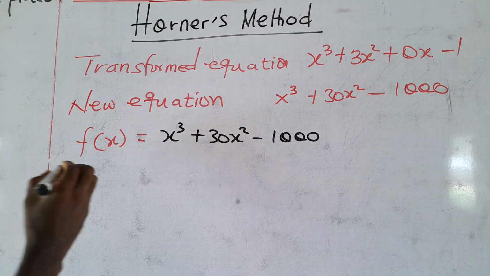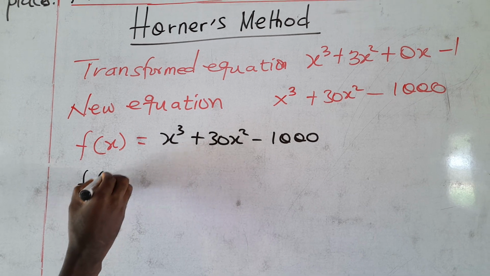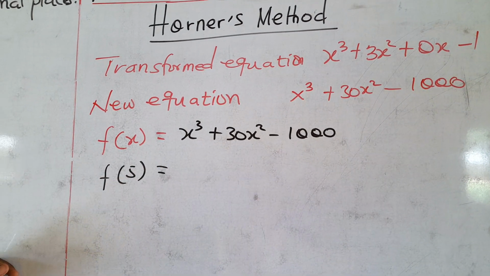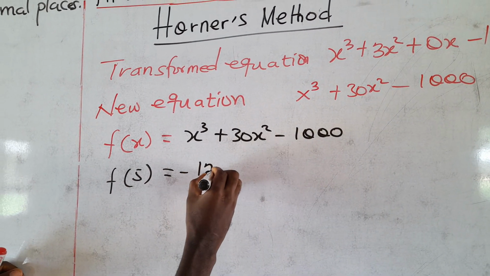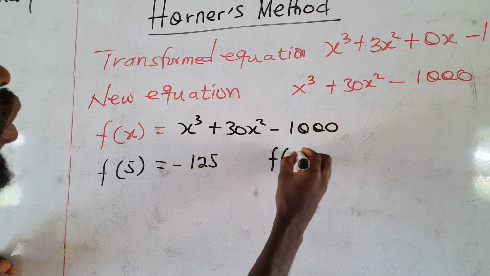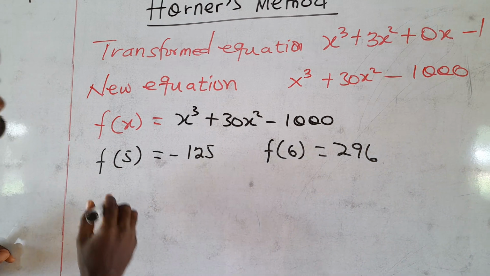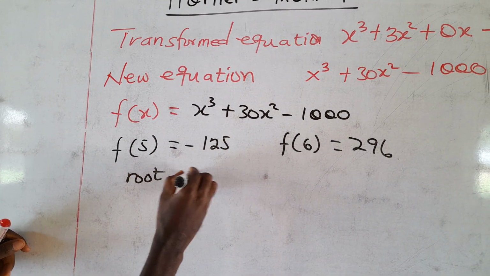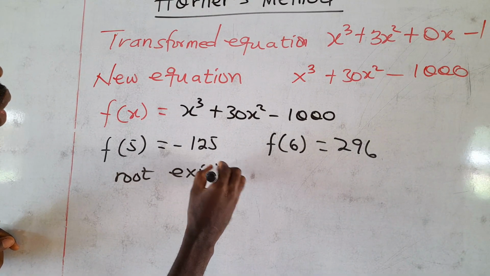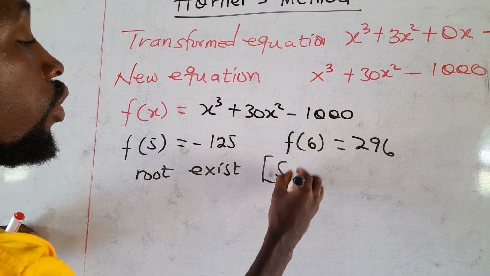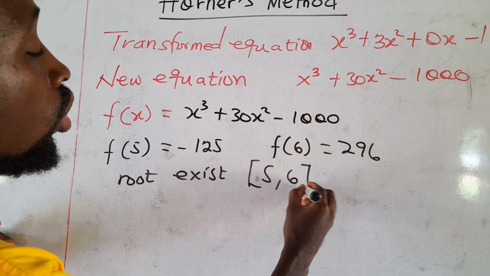So we find our f of 5. When you find f of 5, you get negative 125. Then f of 6 will be equal to 296. That means a root exists within the interval 5, 6, close.